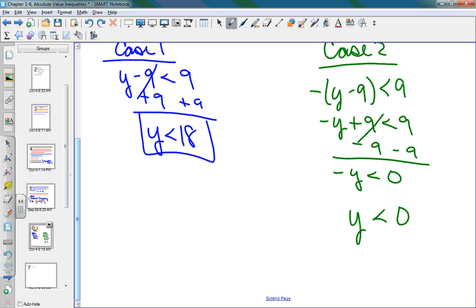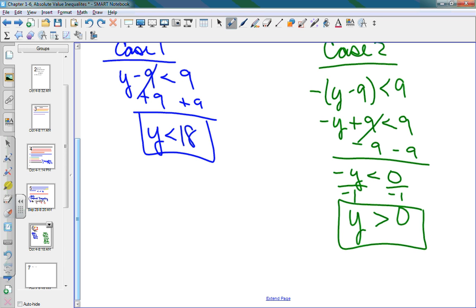Why do I have to flip the sign? Because even though my brain is doing it automatically and saying that 0 divided by anything is 0, that is a true statement. However, because I did not flip the sign, I would be wrong. So this is actually going to be y is going to be greater than 0 because I divided by a negative 1. Do we all understand that, yes or no?